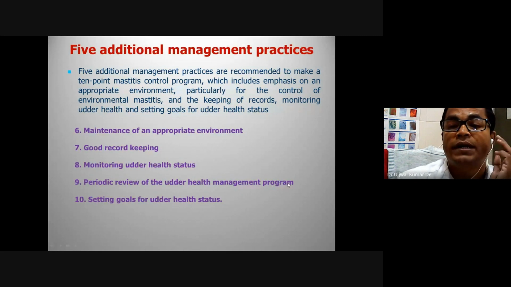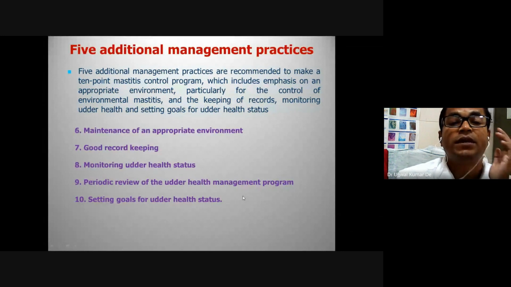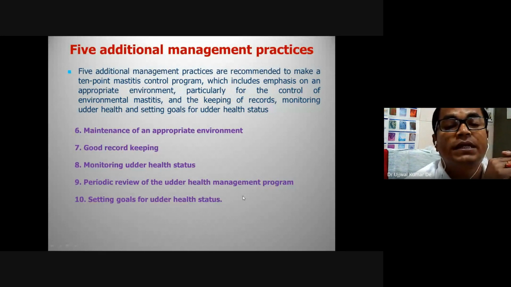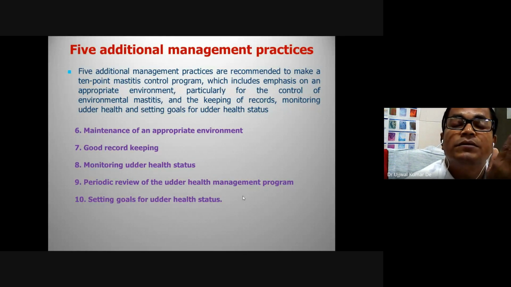Periodic review of udder health management program and setting goals for udder health. That means you have to set a goal, that mastitis infection should be less than 2%, not 1%. So based on this, the National Mastitis Council has recommended a total 10-point mastitis control program for the effective management and control of mastitis in the next quarter.